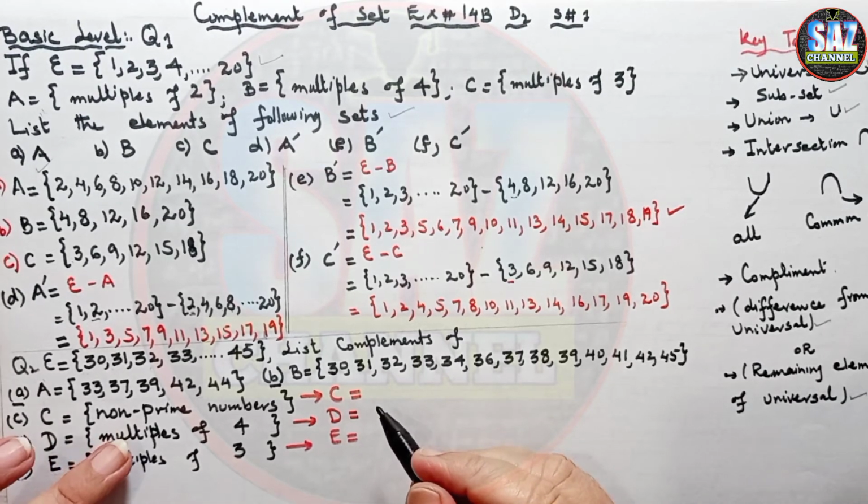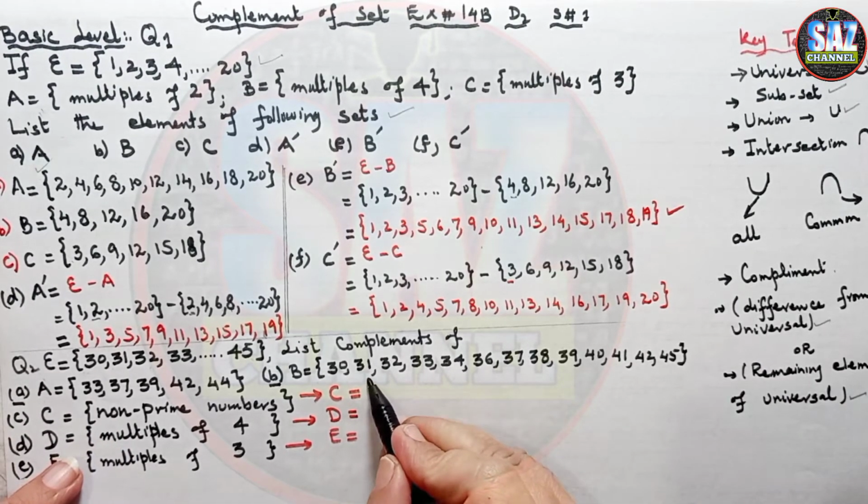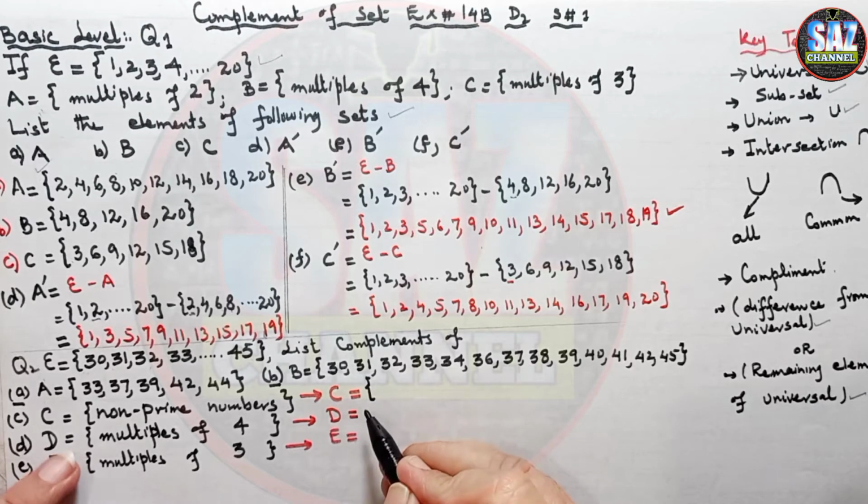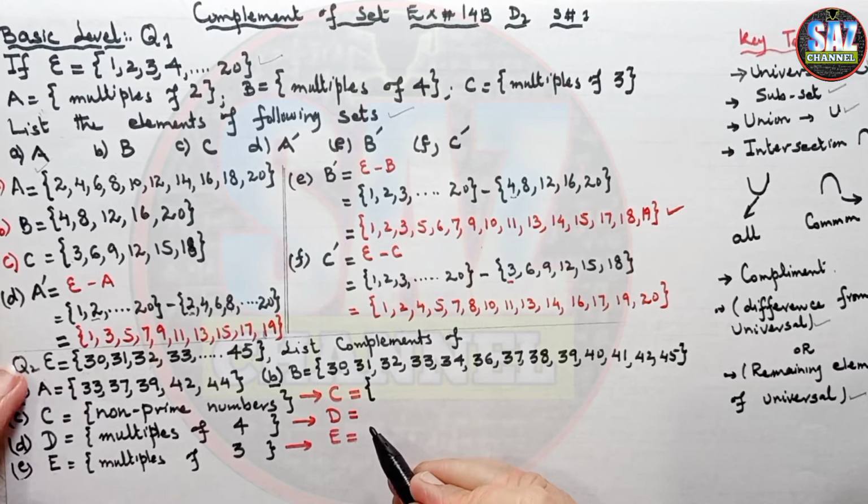So the set C is the non-prime numbers. So I have to pick up the non-prime numbers from this universal.